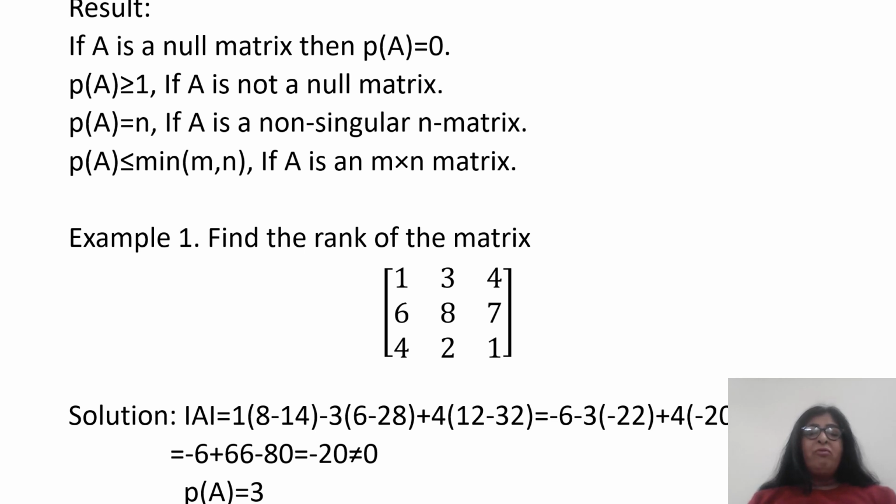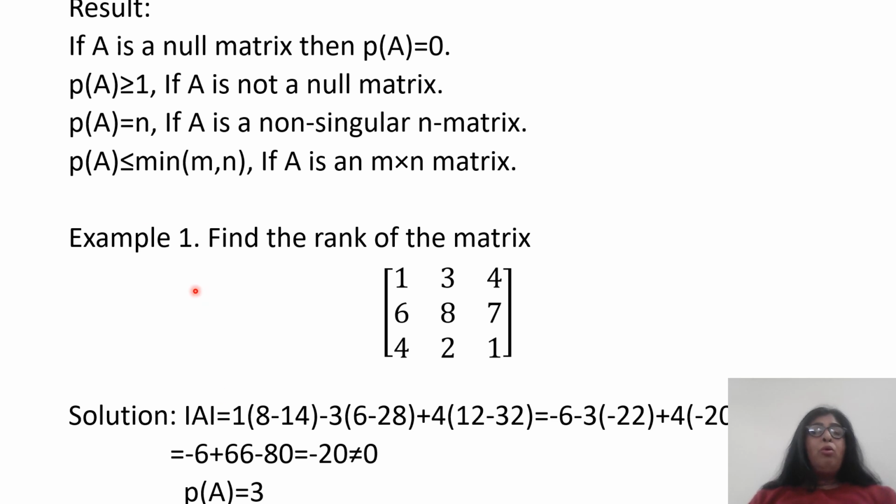On expanding it with the help of R1, I will get 1 times (8 minus 14) minus 3 times (6 minus 28) plus 4 times (12 minus 32). Just solve it out. On solving it, you will get minus 20, which is not equal to 0. So the largest minor comes out to be non-zero and is of order 3. That's why the rank of the matrix is taken as 3.